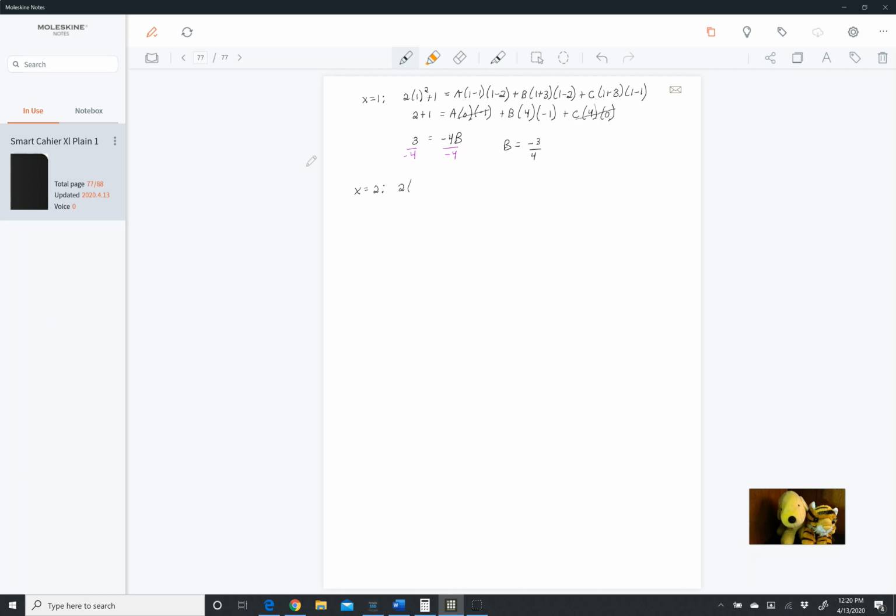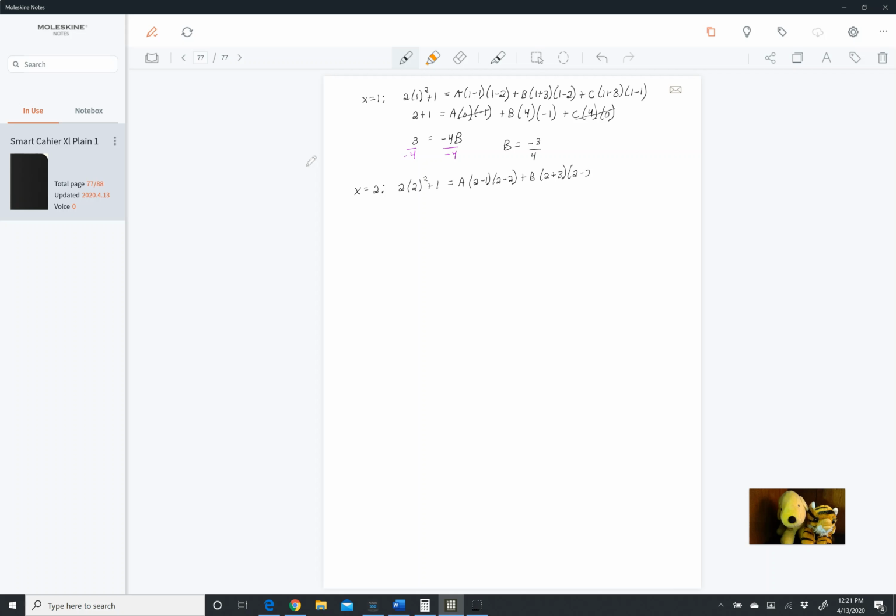So now we have 2 times 2 squared. So remember, order of operations, when we solve this, we do the 2 squared first. Plus 1 equals A times 2 minus 1 times 2 minus 2, plus B. You can skip some of these steps, do not skip them all.